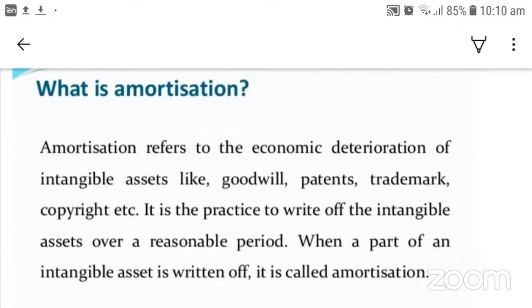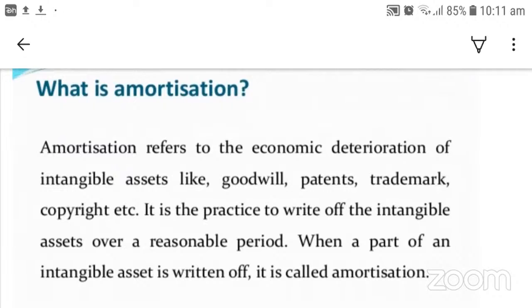For that we can't say depreciation; we will say depletion of the mineral resources. Depletion means continuous extraction of minerals from mines.